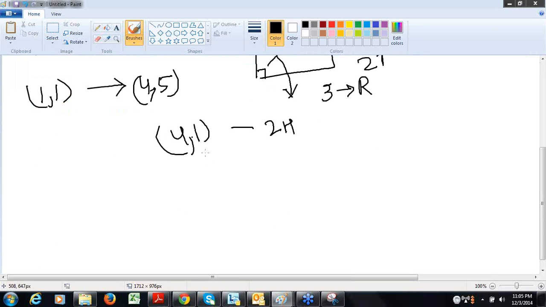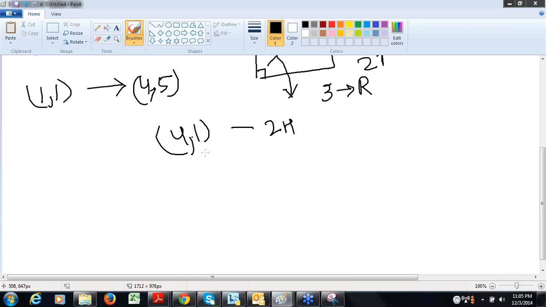Now in general, a pawn can also reach the required position by taking 3 steps to the right, followed by moving k steps to the right or left and k steps more to the right or left.